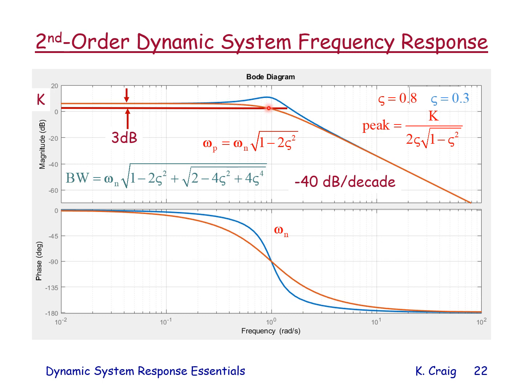So there's one for zeta equals 0.8, but then at that intersection with the blue curve is where it is for zeta equals 0.3. And the associated frequency with those points is your bandwidth. So this is the second order dynamic system frequency response.